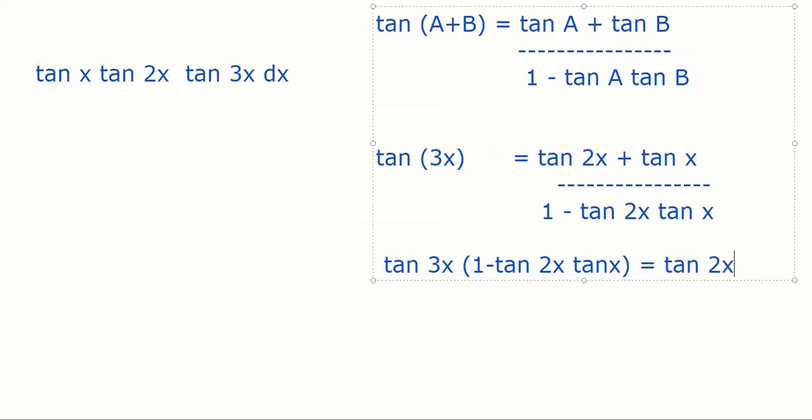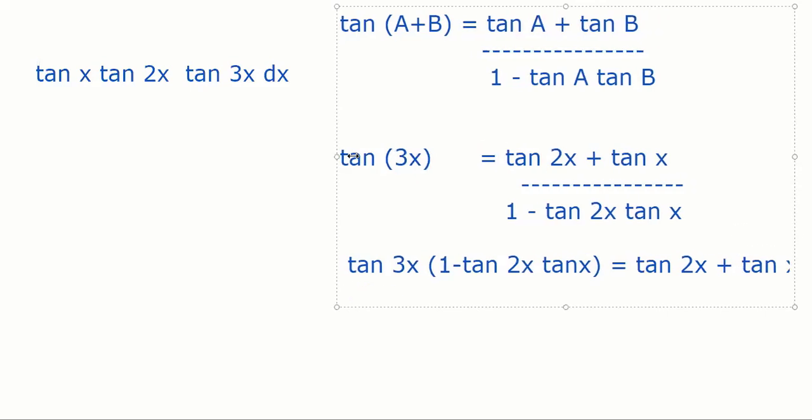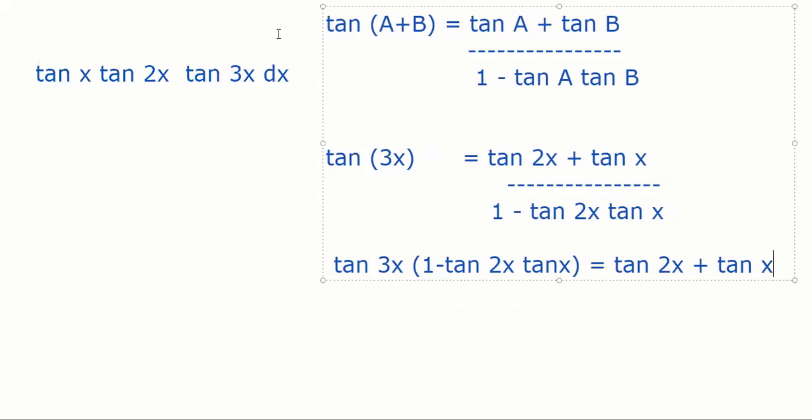Tan of 2x plus tan of x. Okay, guys. I just cross multiplied. Now what happens? Now I open the bracket.